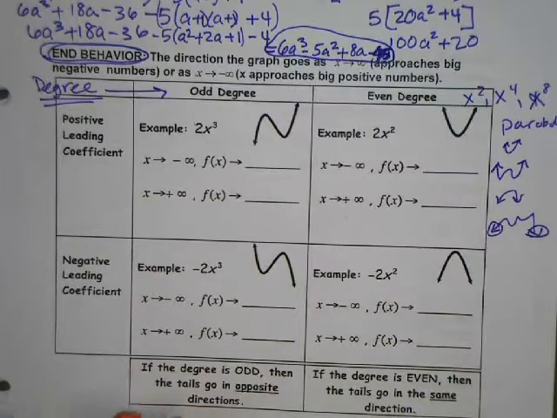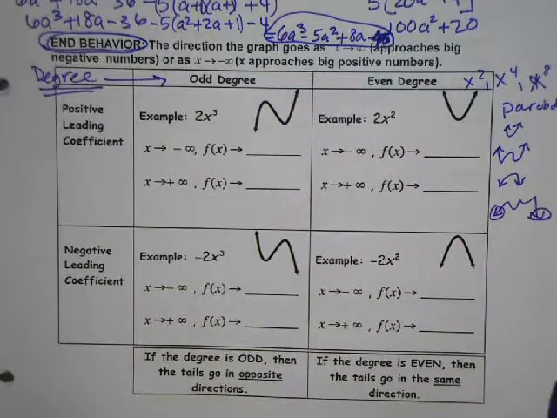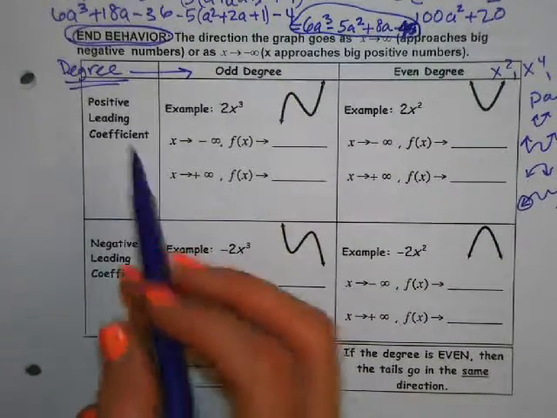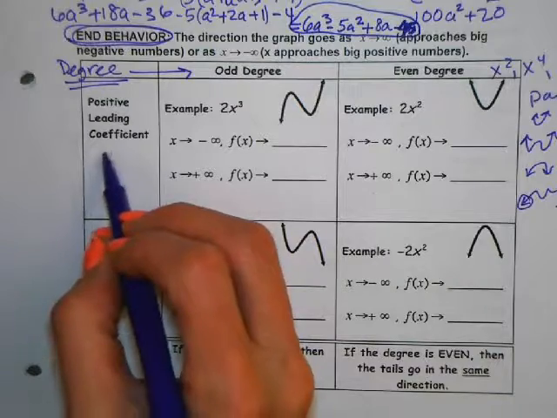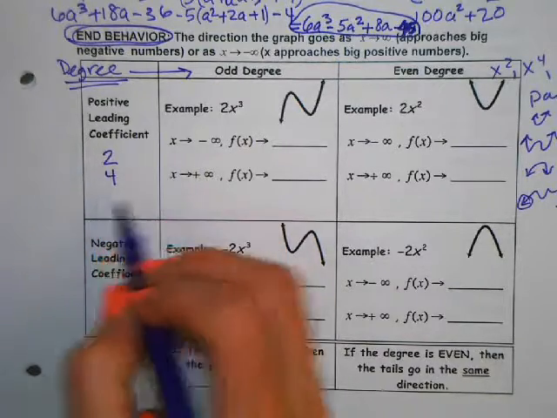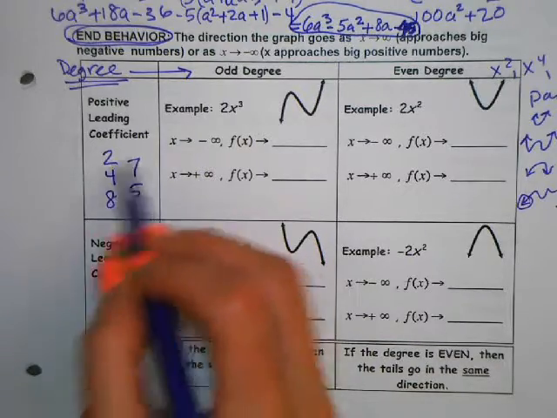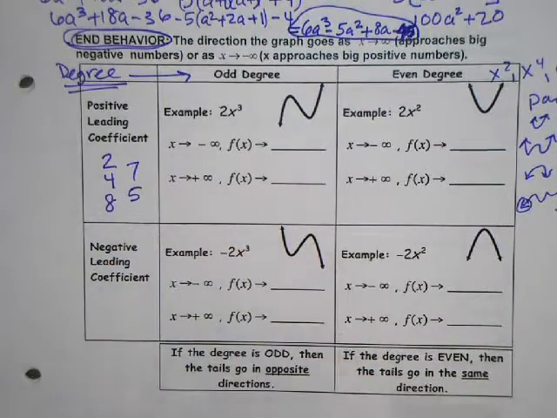Does that make sense? So you have to ask yourself, how would I know what direction it's going? Well, that's where you look to the leading coefficient. If the leading coefficient is positive, so like it's 2, 4, 8, whatever, it could be 7, it could be 5, it doesn't matter. They're all positive. Remember what I said, a parabola, when it's positive, what are we doing?